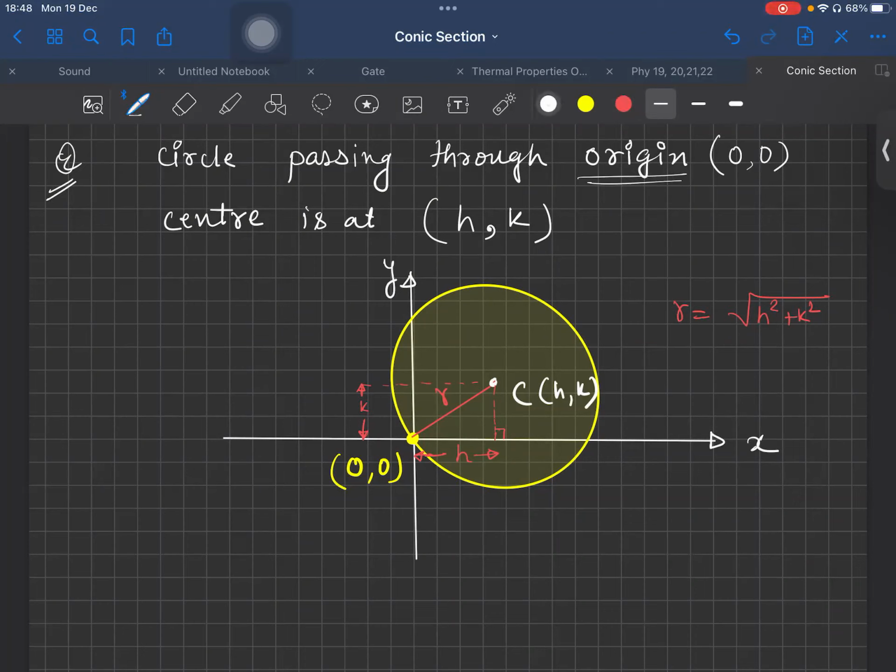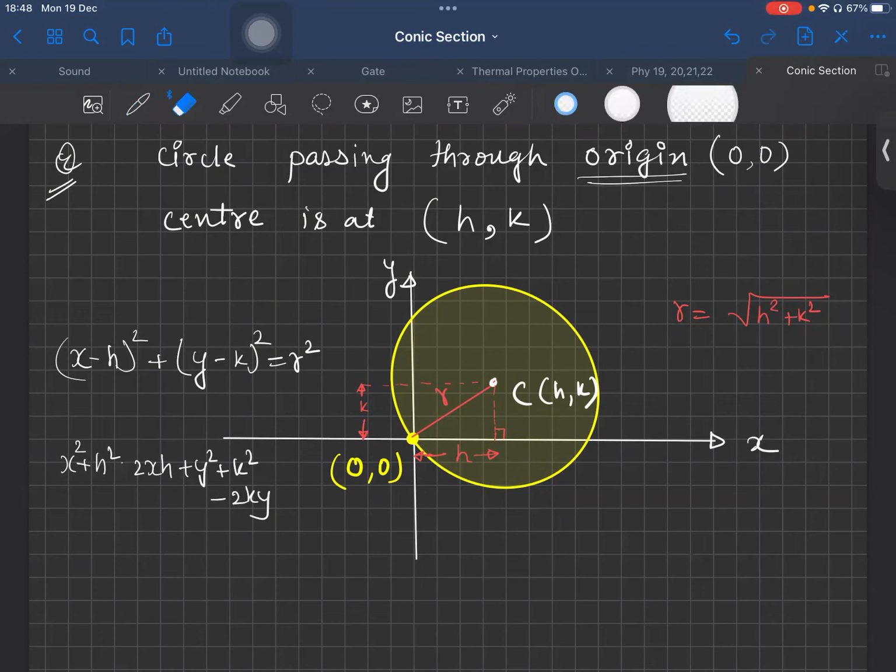Now just plug into the equation. So x minus h whole square plus y minus k whole square is equal to r square. Now plug in this value of r. So what will you get? x square plus h square minus 2hx plus y square plus k square minus 2ky is equal to r square, and r square will be equal to what? h square plus k square.